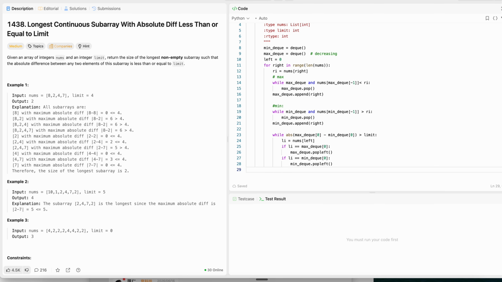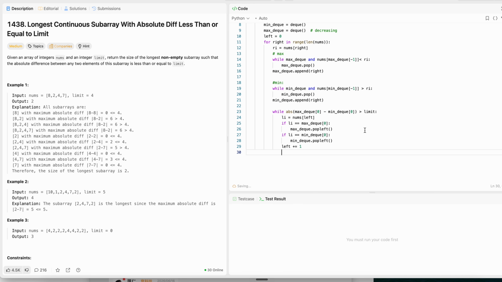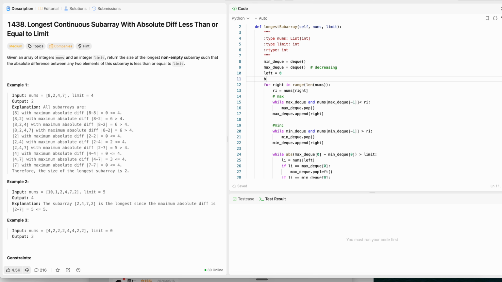Okay, so in this way we update our subarray and the max and min as well. After this, we are sure that we have got a valid one.